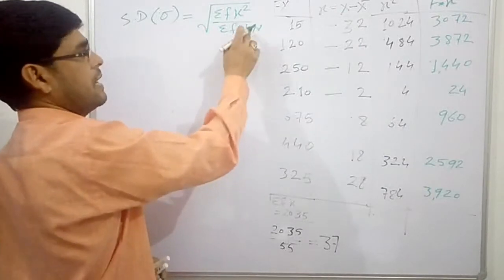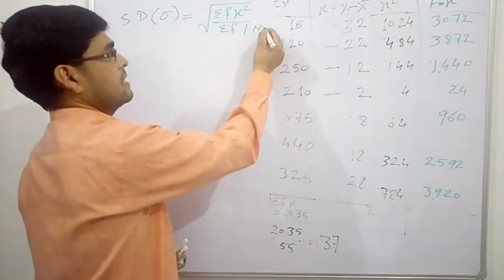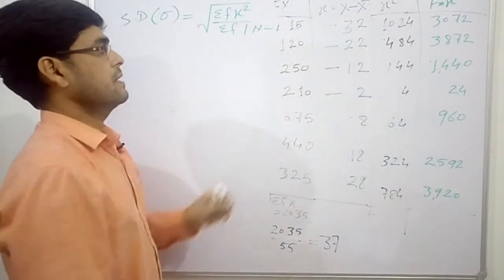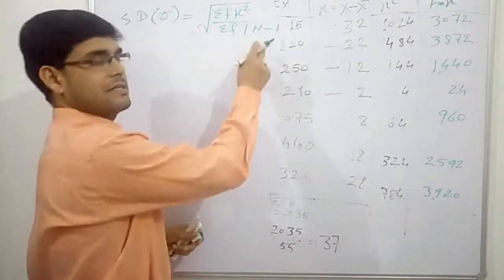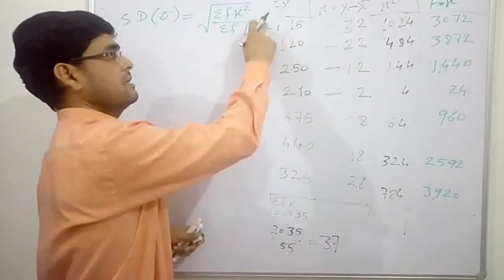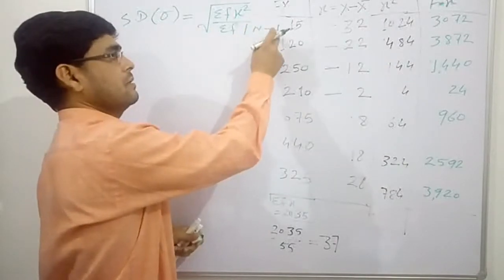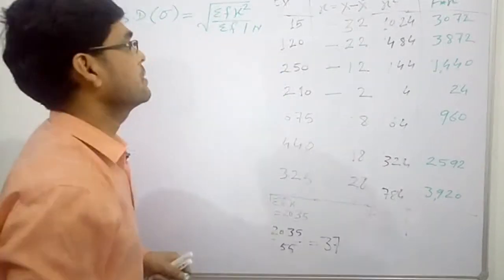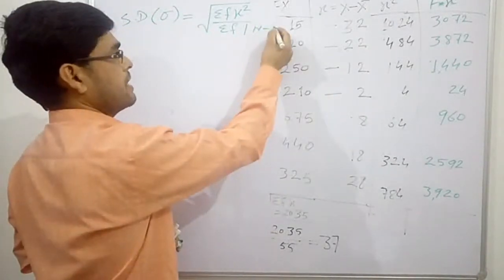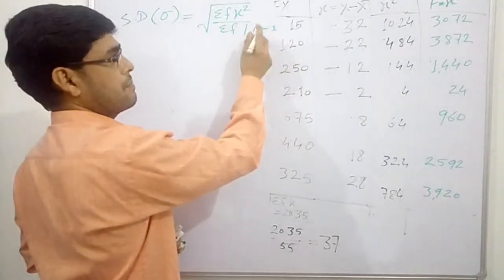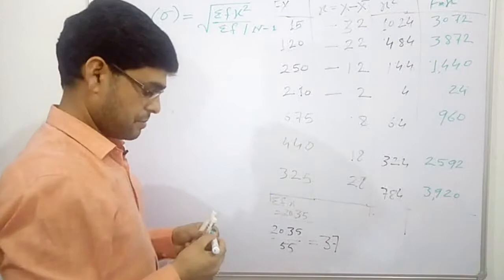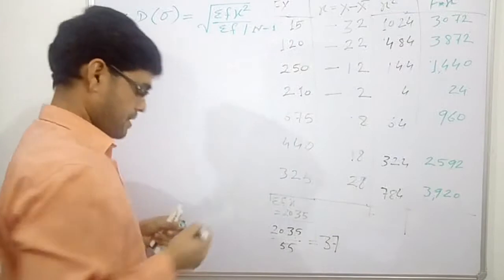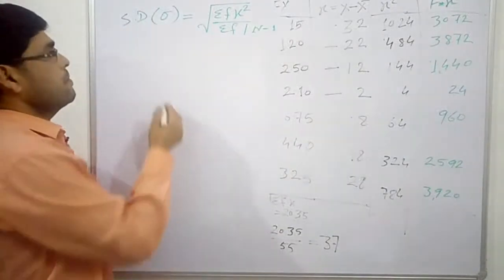In some statistical inferences, this is n minus 1. We are not applying n minus 1 here, so this will give a slightly different answer, but it will be negligible. Here we are solving it by only n or sigma f. But in statistical inferences, it is minus 1, as a degree of freedom or a parameter, right?